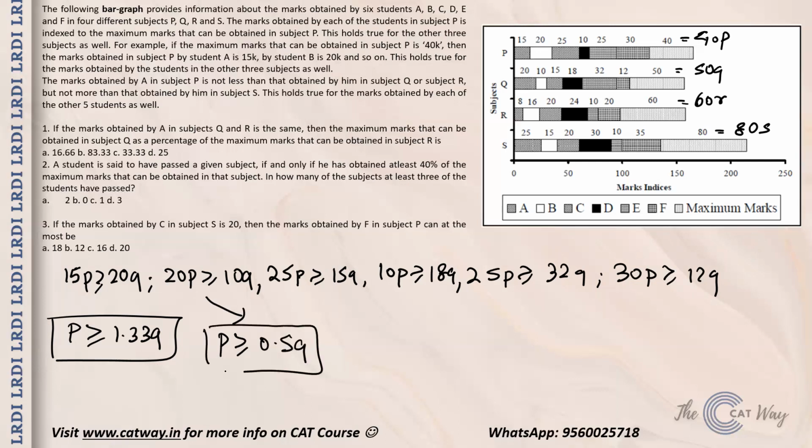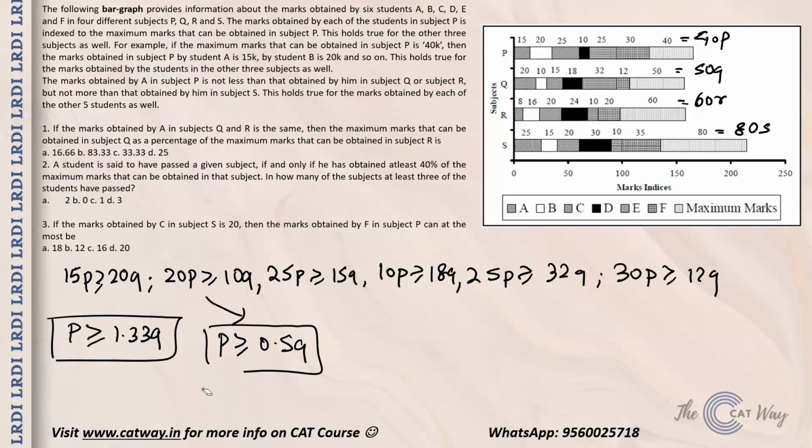Now let's compare these 2 cases. To satisfy both of them, the minimum value that P can have will be 1.33Q, because both of them have to be satisfied.